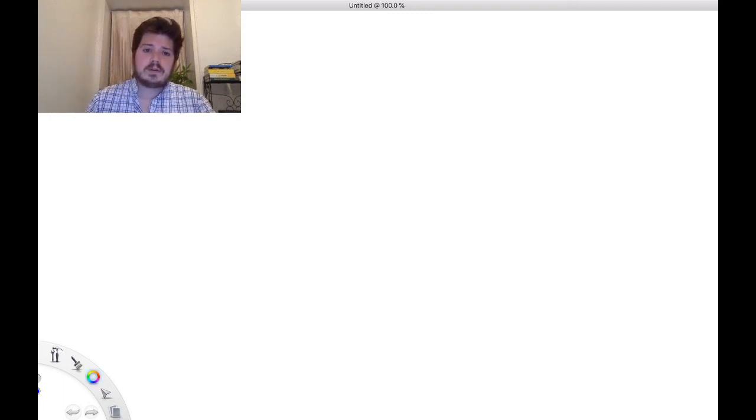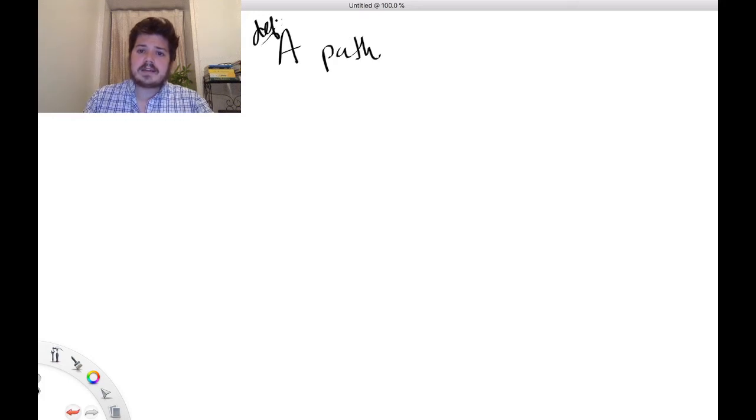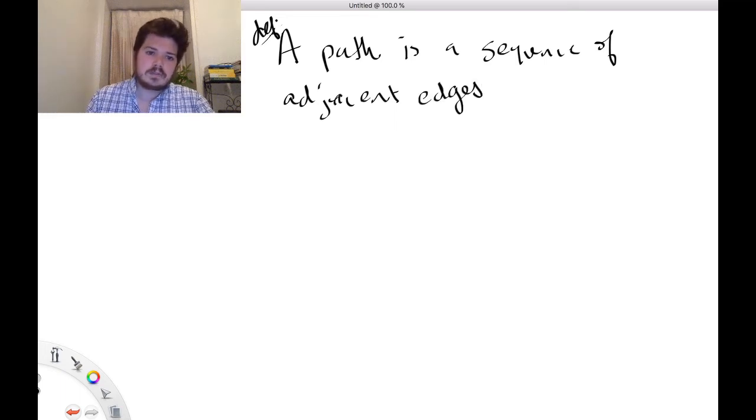Okay, so a path, this is a definition. A path is a sequence of adjacent edges. So, for example, let's do our original graph.